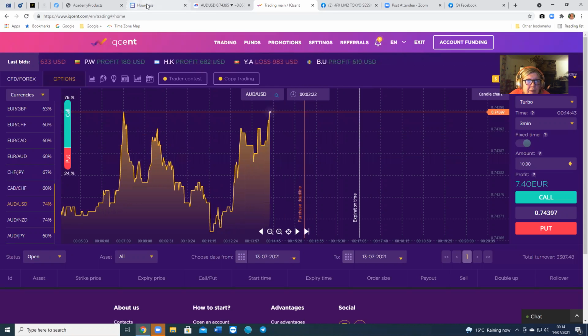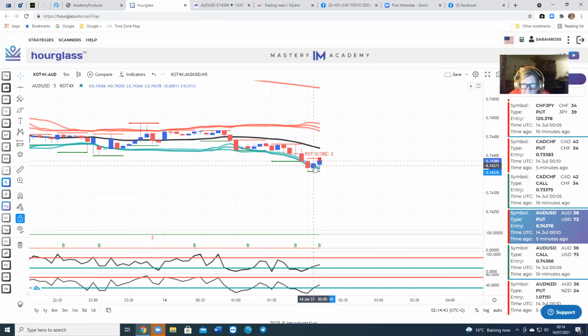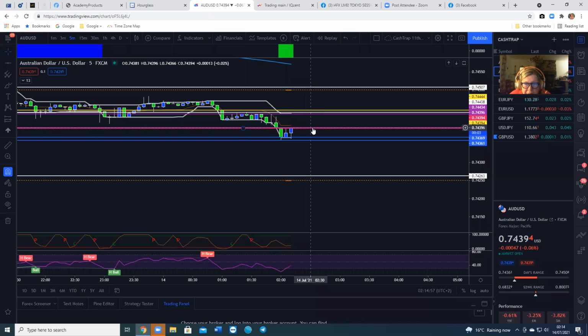Oh, it's pushing up now. So that level up there is 412. Line 401.